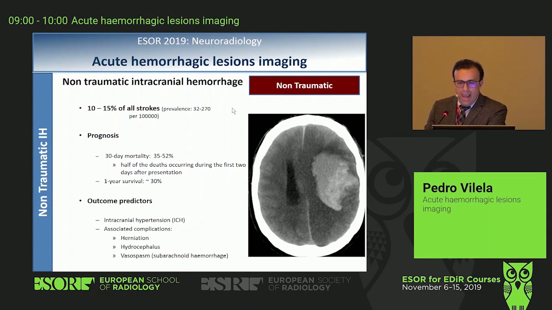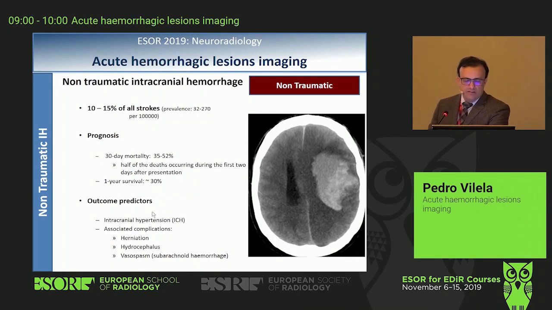Hemorrhagic strokes correspond to 10 to 15% of all strokes. They have a high mortality rate. You see 30-day mortality almost reaches half of the patients, and most of the deaths occur during the first 2 days, and this is due to the mass effect associated with this hemorrhage. The 1-year survival is actually very, very low.